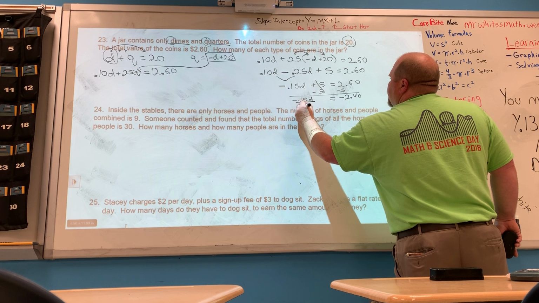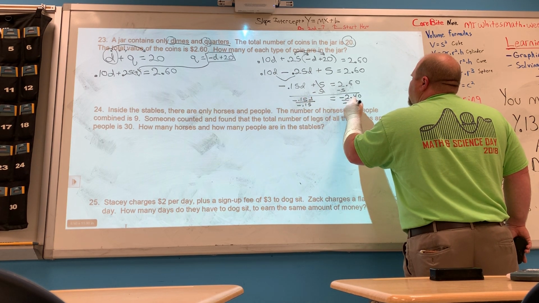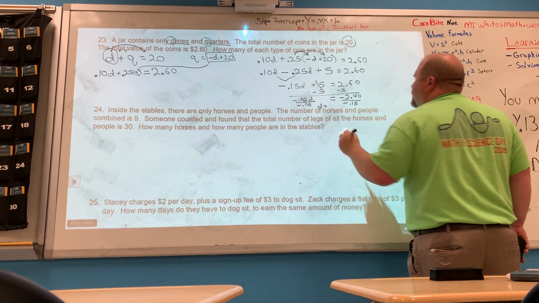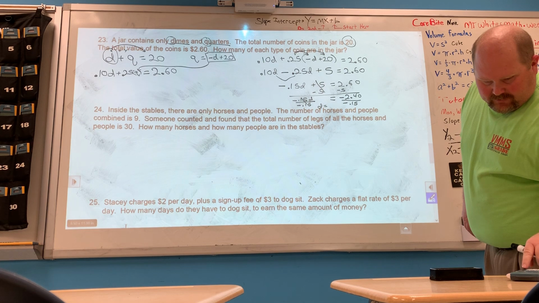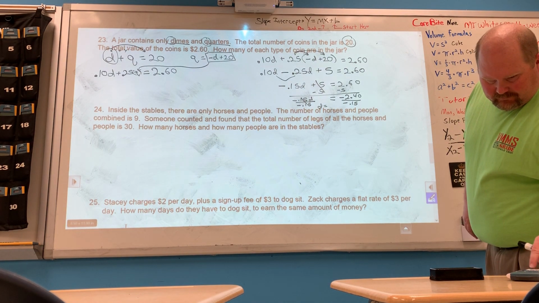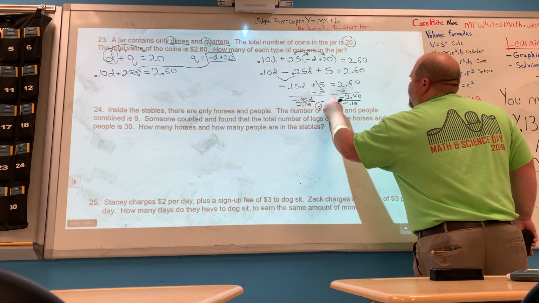Divide both sides by negative 0.15, so that we get d equals, we'll divide that on my calculator, 16. So that's half of our answer.